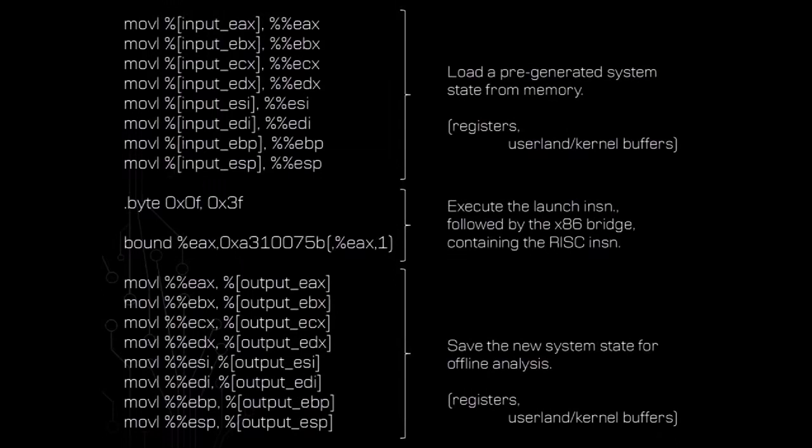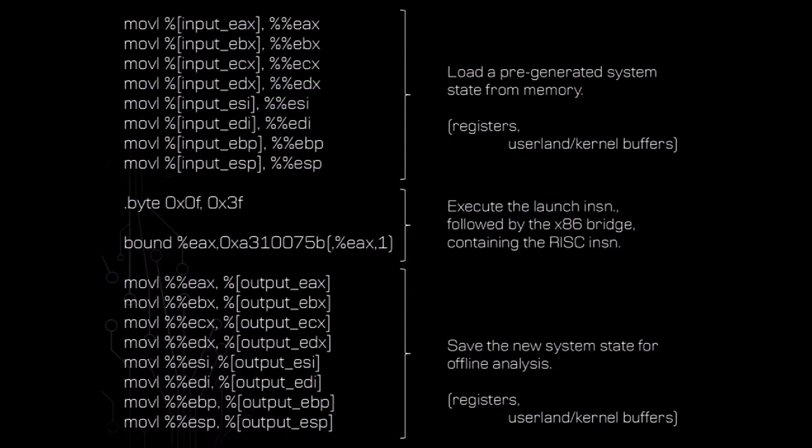So what that means is we could do something like this, and this is just sort of a rough summary. We could generate a processor state, so we could generate some buffers in kernel memory, generate some buffers in user memory, generate a state for all the processor registers, and we could load that state onto the processor. After we've loaded up this state, we'll execute the launch instruction, followed by an x86 bridge instruction.